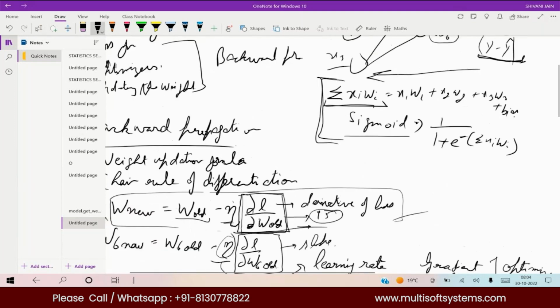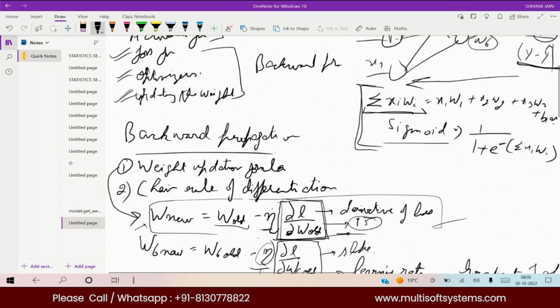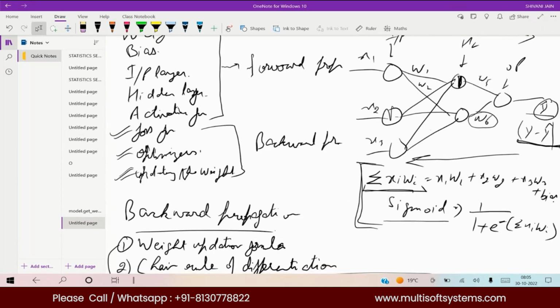In backward propagation, we are supposed to discuss three things: loss function, optimizer, and updating the weights. We have discussed updating the weights. The optimizer is gradient descent, and the loss function is y minus y hat. Apart from this, we have other loss functions and optimizers also, a complete list, and we'll discuss that too. But as a starting point, these are the three points under backward propagation.